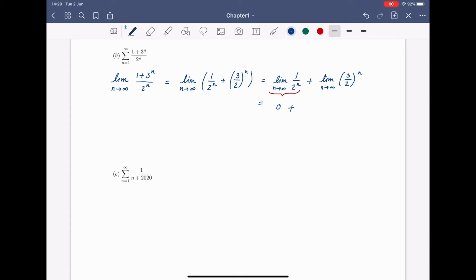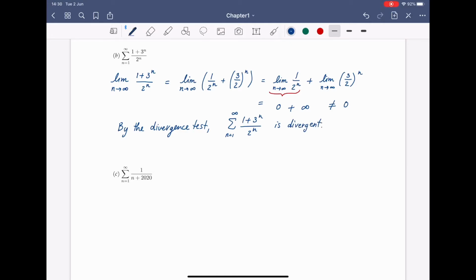That means this is 0 plus infinity, and it is clear that this is not equal to 0. So by the divergence test, the summation of 1 plus 3 to the n over 2 to the n from 1 to infinity is also divergent.